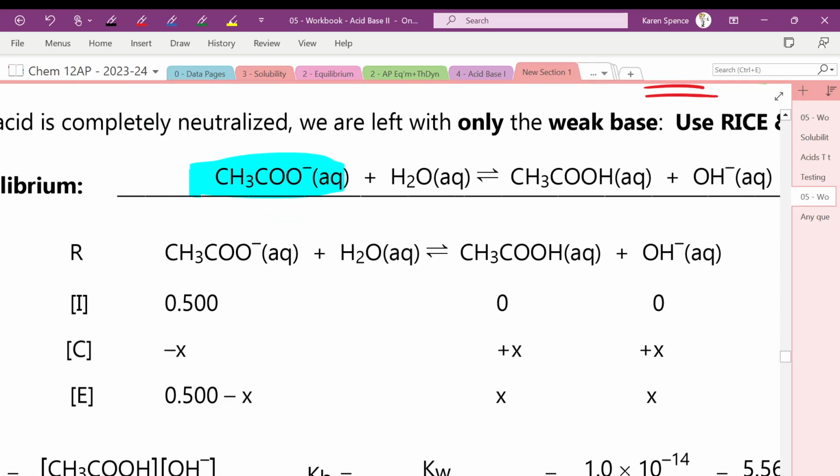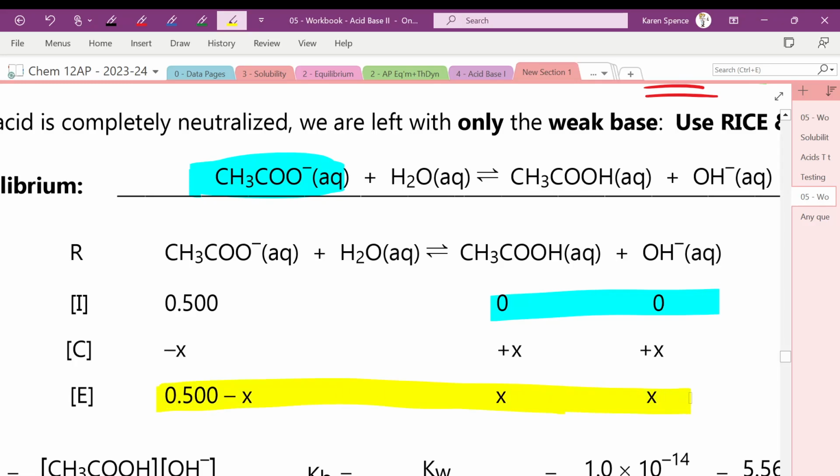We have none of the other things yet, okay? And then, of course, we're shifting to the right. So we go up by X on the right and we go down by X on the left. 0.5 minus X, X, and X.